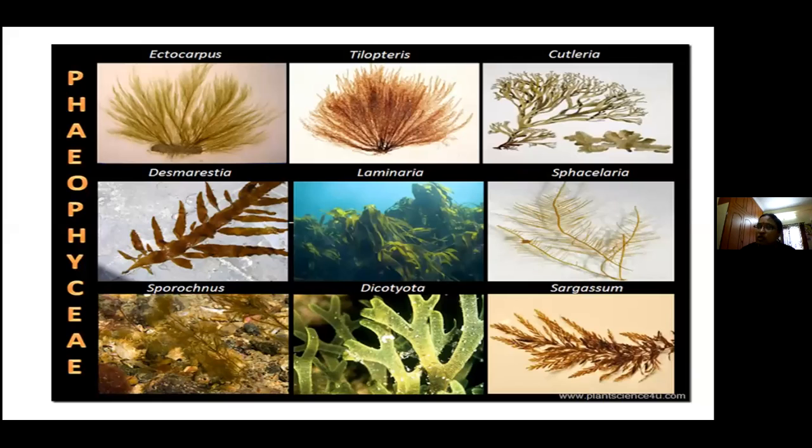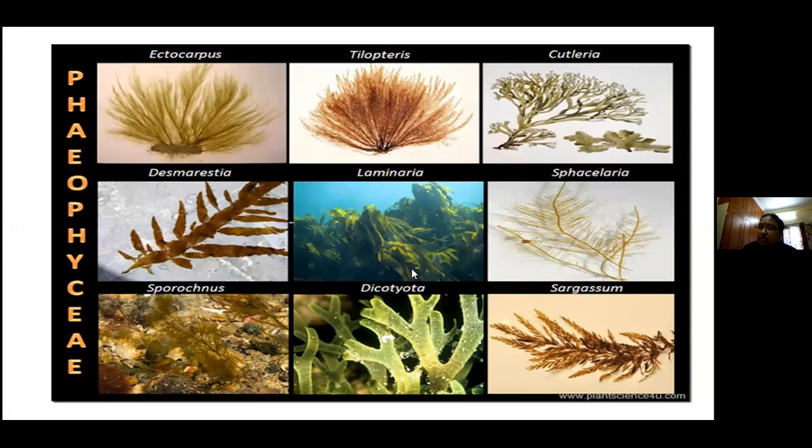On the beneath region of the ocean, you can see thick forests of Laminaria species. See here, this one is Laminaria, and this one is Sargassum. These two are found in high temperature range of oceans.